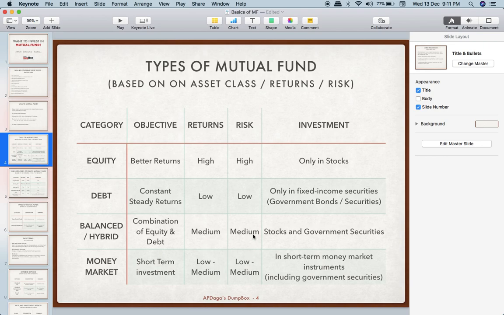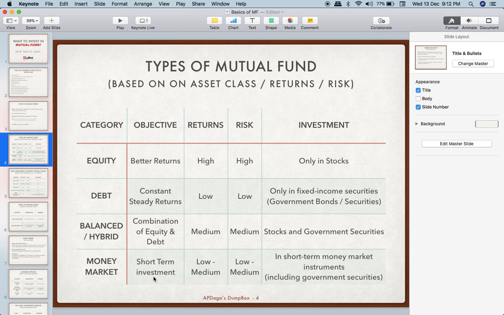So risk and return are medium, and if you invest 100 rupees, then let's say 60 rupees gets invested into stocks and 40% gets invested into government securities. And the fourth category is money market. It is generally used for short term, that is, if you want to invest for a very short term, then you can invest into it.